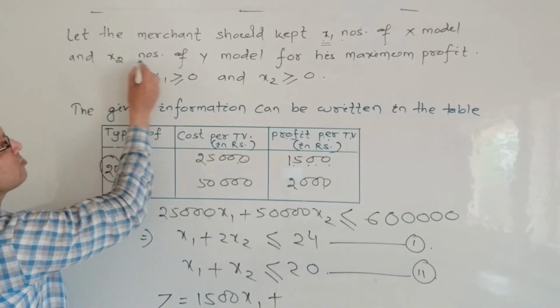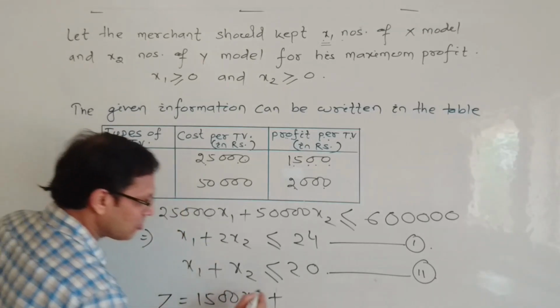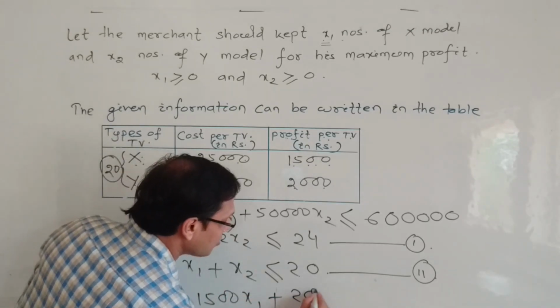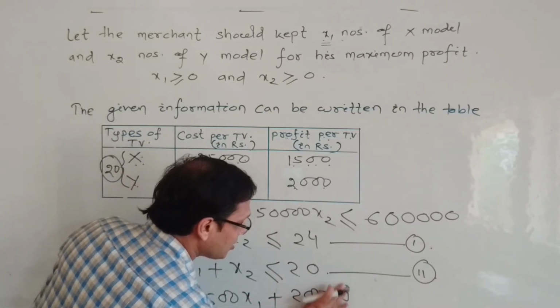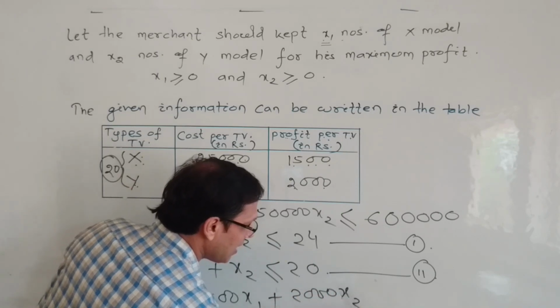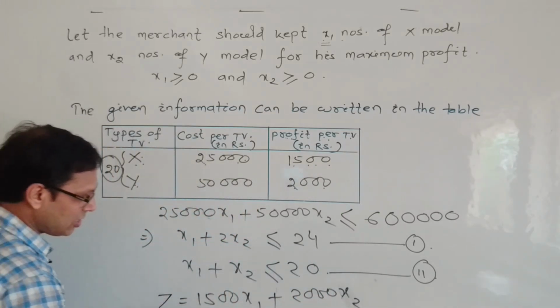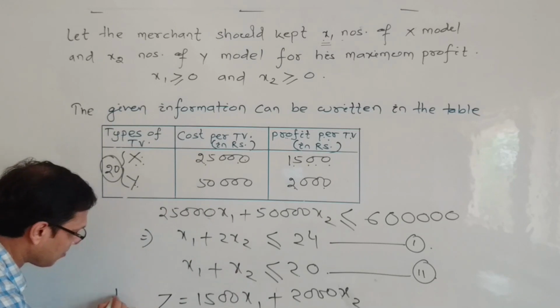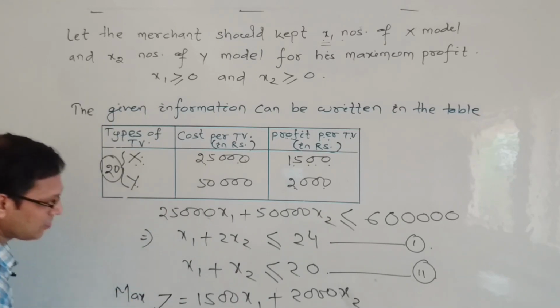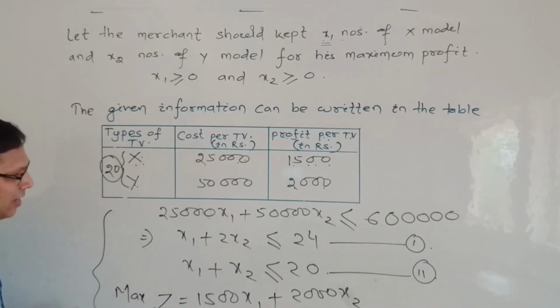So we have X2 numbers of TV for Y model. So total profit is 2000 X2 rupees. So this profit should be maximum.